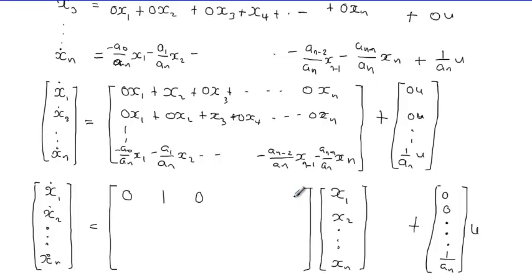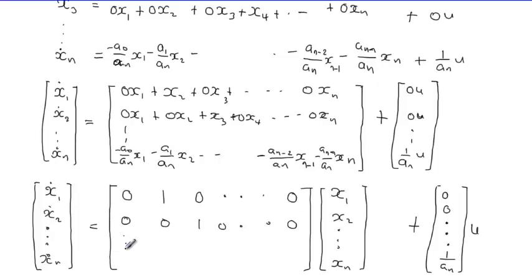The rest are going to be zeros up to the n column. Next row will be 0, which is the coefficient of x1, and another 0, and then 1 for the coefficient of x3, and then what follows there are going to be zeros.